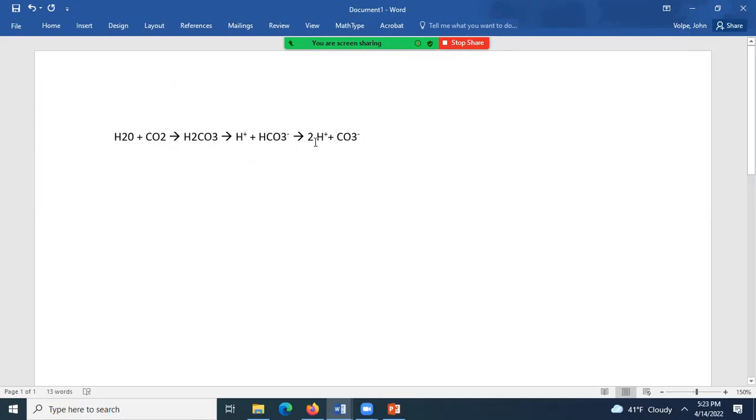Now, this would happen under fairly basic solutions, this breaking apart. And so in our blood, we mainly have this and this. But if we needed more hydrogen ion in our blood, this could break apart and form this. But this is just one of the buffers in our blood. And the purpose of this buffer is to maintain the pH of our blood.